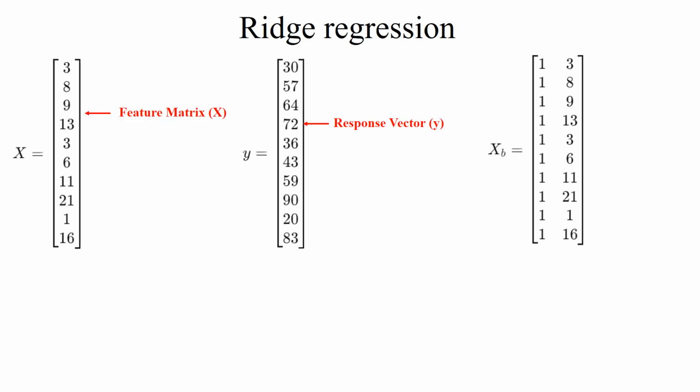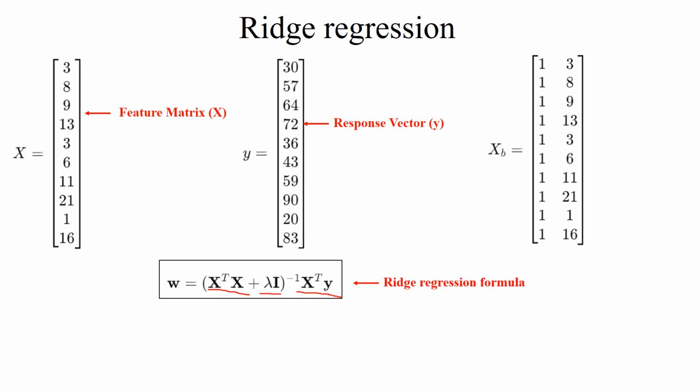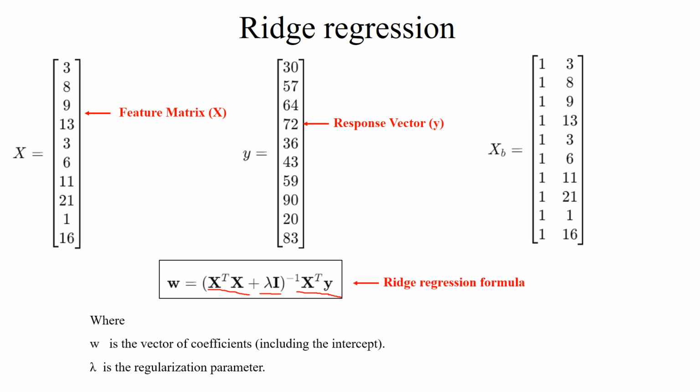X is the feature matrix, Y the response vector, and XB a new matrix which has a column of 1s added to the matrix X. We can compute W using this ridge regression equation: the inverse of X transpose into X plus lambda into the identity matrix, multiplied by X transpose into Y, where W is the vector of coefficients and lambda is the regularization parameter.